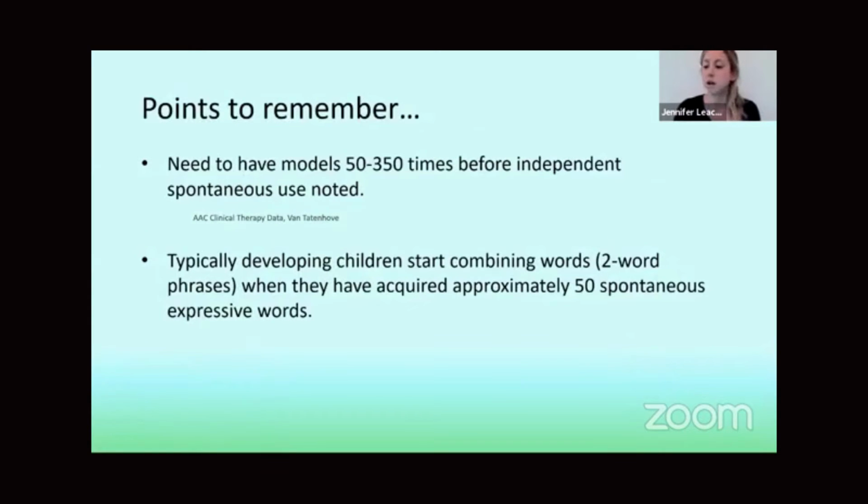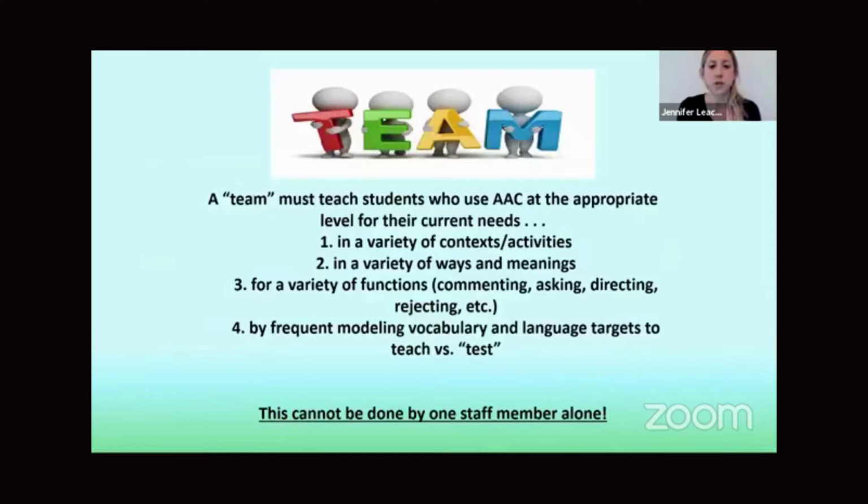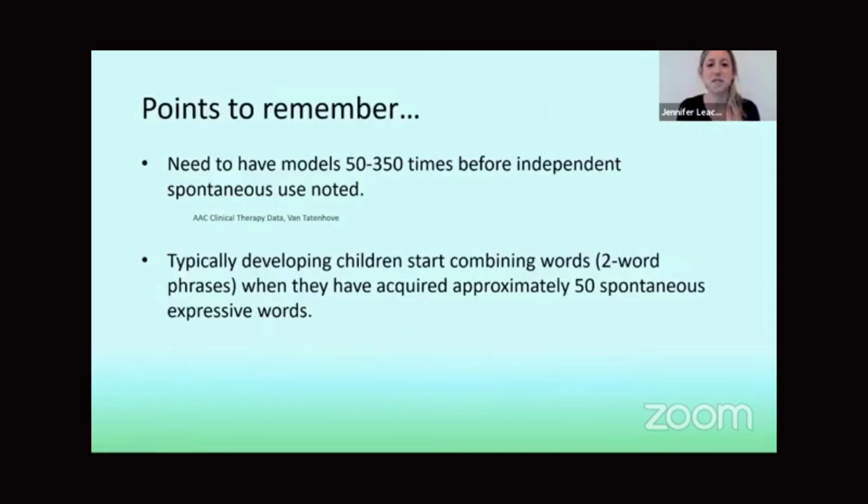So some points to remember. We need to be giving models 50 to 350 times before independent spontaneous use is noted. So typically developing children start combining words, so putting 2 words together, like I want, more please, drink please, when they have acquired 50 spontaneously expressive words.